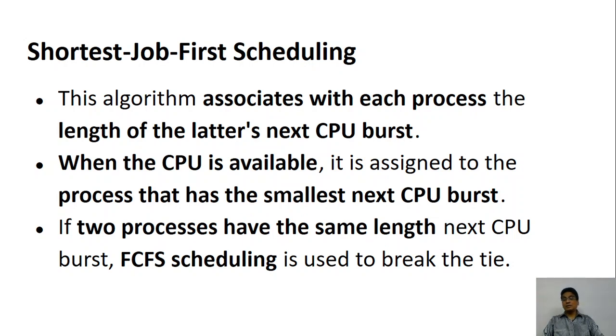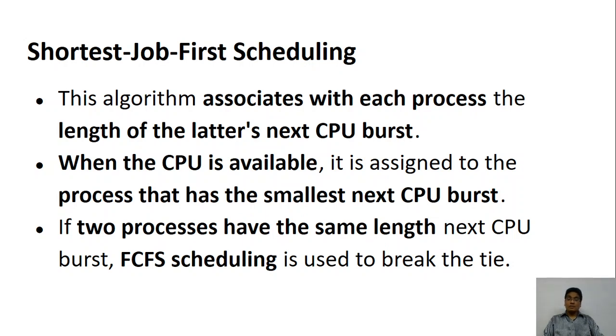Now let's look at the other situation. In the other type of algorithm, that is the shortest job first scheduling, we associate with every process the time that it takes to complete its task. So whenever a process enters, we have to first figure out how much time it's going to take to complete its task.